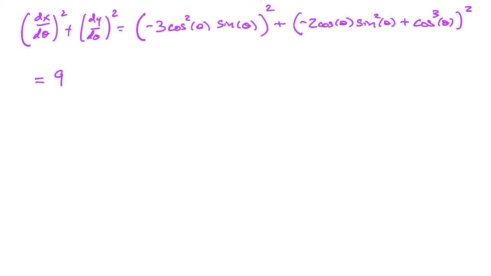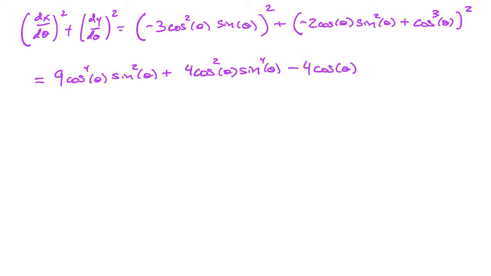It's going to give us a 9 cosine to the 4th of theta, sine squared of theta, plus, now when we expand our second set of parentheses, that's going to give us a 4 cosine squared theta sine to the 4th, minus a 4 cosine of theta sine squared of theta times cosine cubed of theta, and then finally plus our cosine to the 6th of theta.